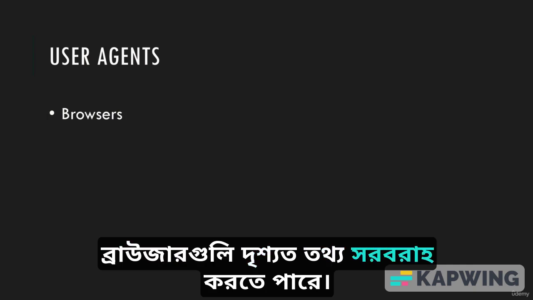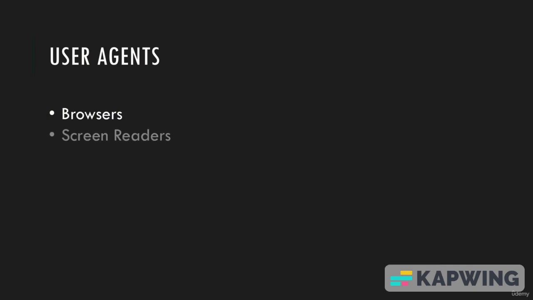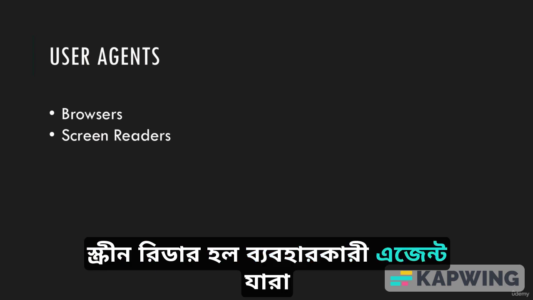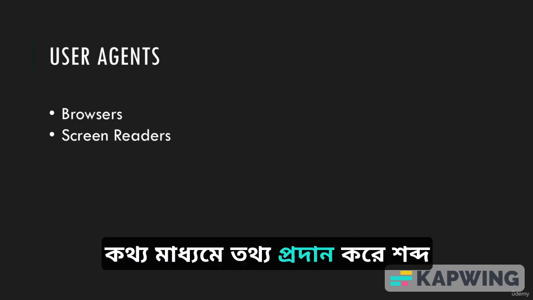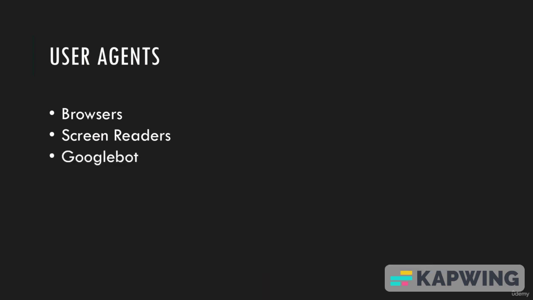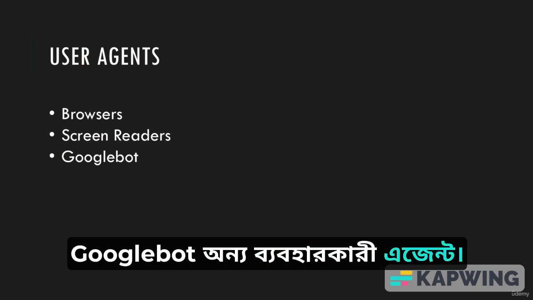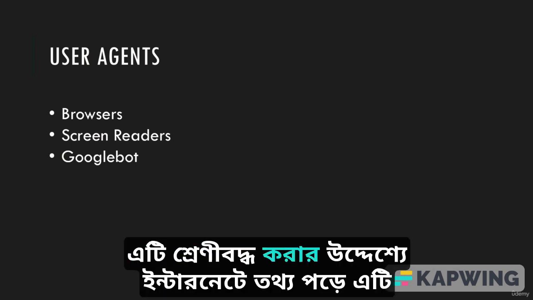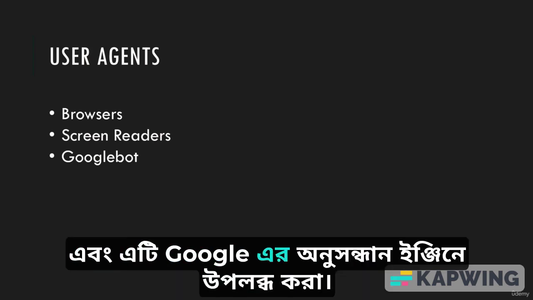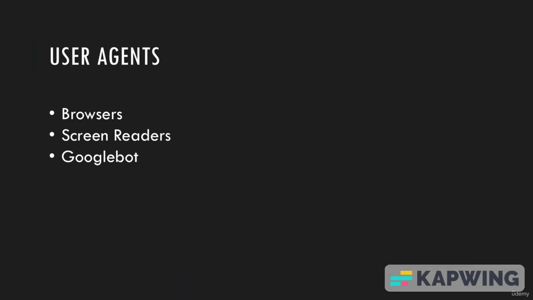Browsers may deliver information visually. Screen readers are user agents that deliver the information via spoken word. Googlebot is another user agent. It reads information on the internet with the purpose of categorizing it and making it available in Google's search engine.